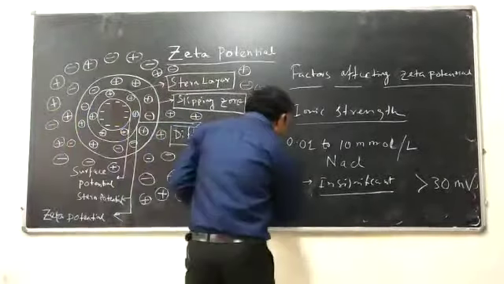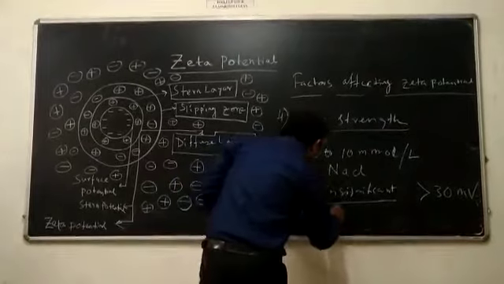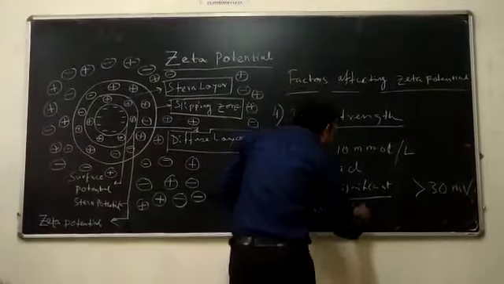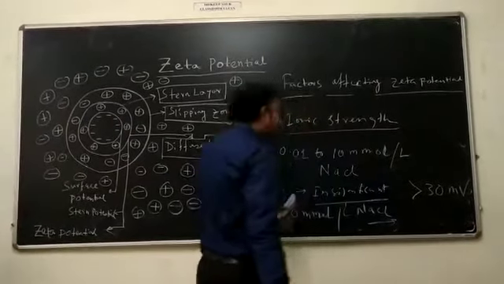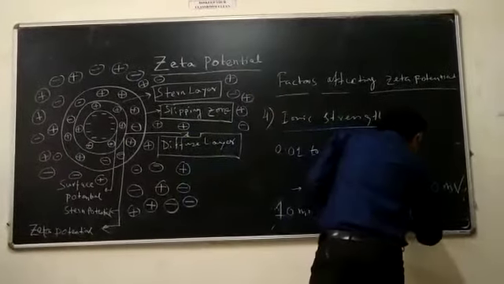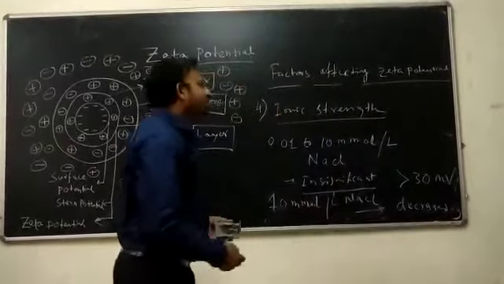And after that, if you increase from 10 millimole per liter to a higher amount, the zeta potential will decrease.